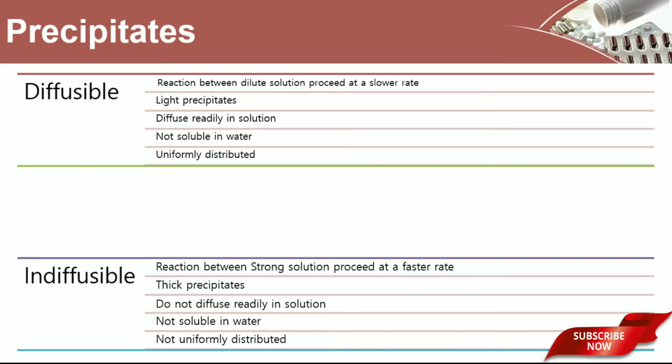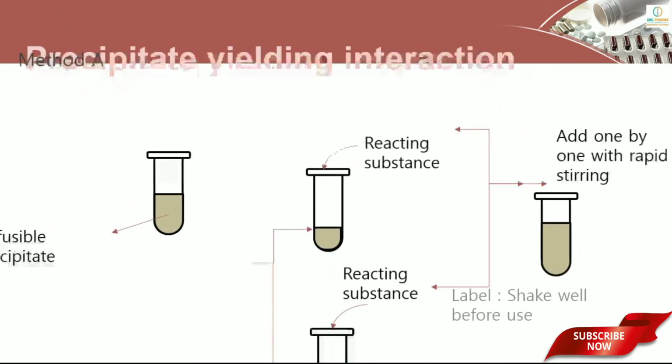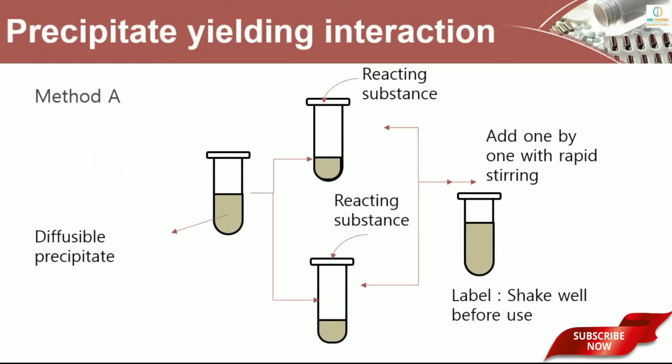If the precipitates formed are diffusible, then the chemical interaction can be prevented by following method A in precipitate yielding interaction. In method A, we have to divide the diffusible precipitate solution into two portions. In the first portion, we dissolve one of the reacting substances, and dissolve the other reacting substance in the other portion, the second portion.